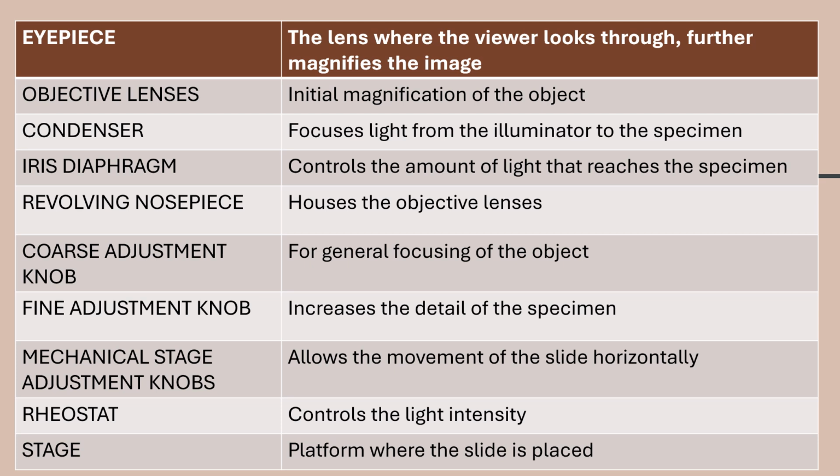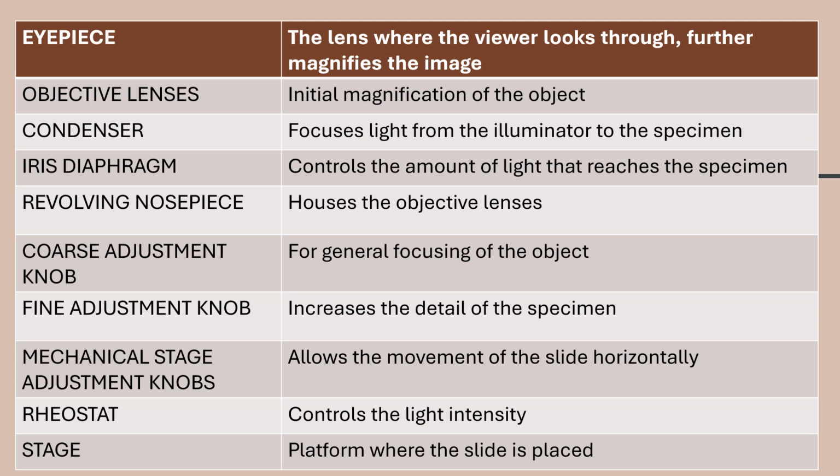And then you have your coarse adjustment knob. It moves the stage up and down quickly to bring the specimen into rough focus. And then your fine adjustment knob makes precise adjustments for a sharper and clearer image.